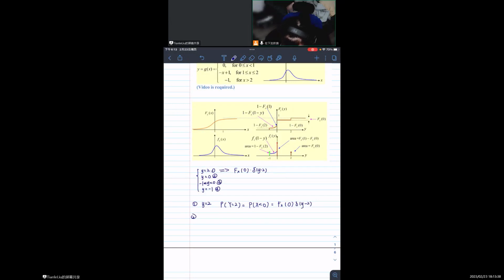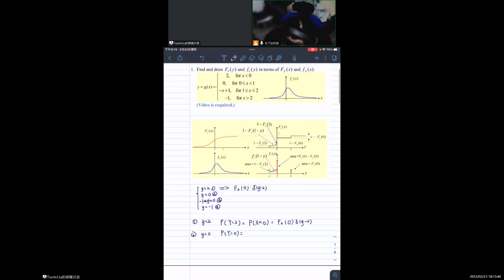For the second one, we will test y equals 0. For the probability of y equals 0, we get the probability of x larger than 0 and less than 1, right?